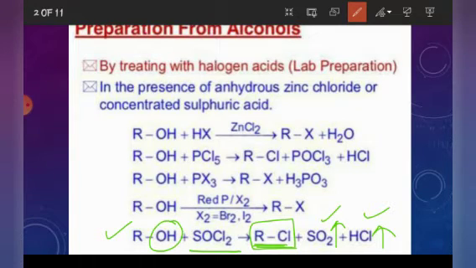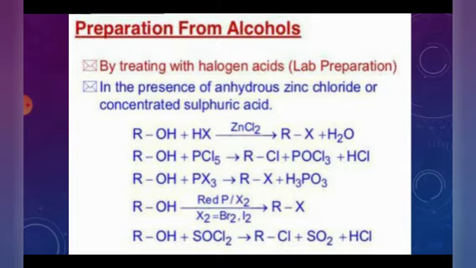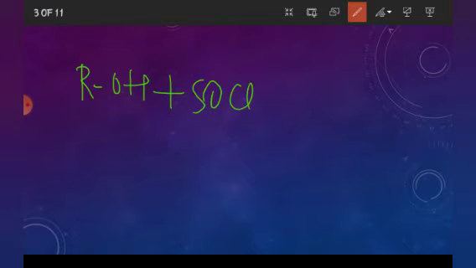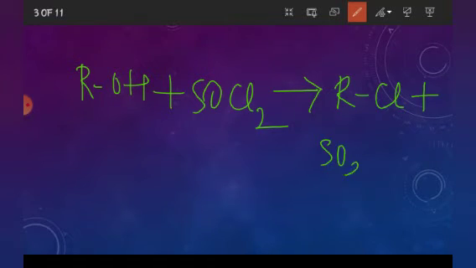Again I am repeating, the last method that I have discussed: the alcohol ROH reacts with thionyl chloride SOCl2 to form RCl plus SO2 plus HCl. Both these side products are escapable gases, leaving behind pure alkyl halide as the major product.